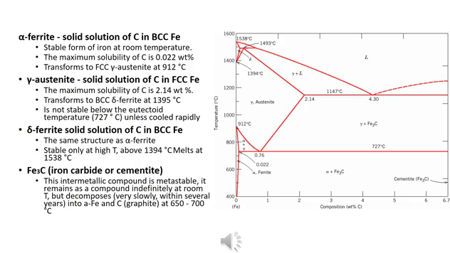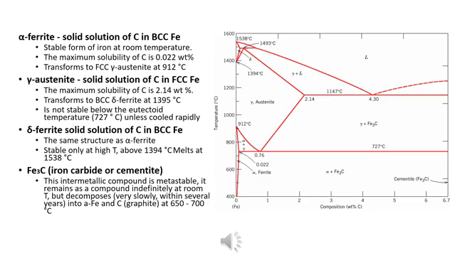We have the alpha ferrite, which is a solid solution of carbon in body-centered iron. It is the stable form of iron at room temperature, and there's a maximum solubility of 0.02% of carbon, and it transforms to face-centered cubic gamma austenite at 912 degrees Celsius.